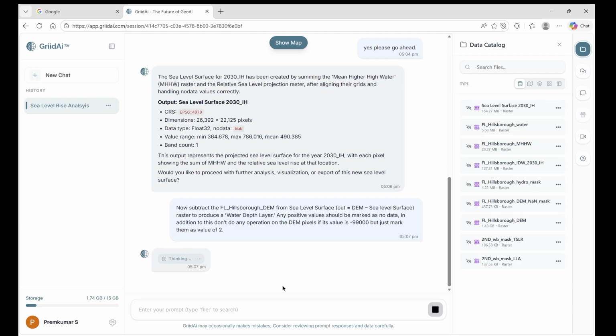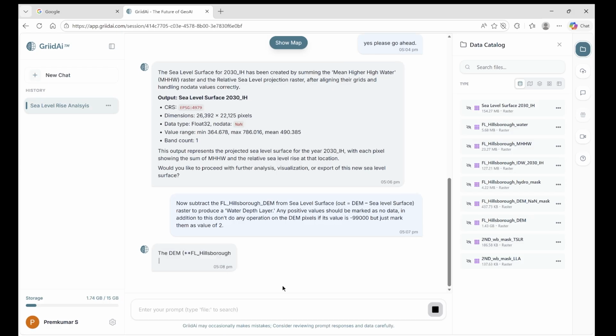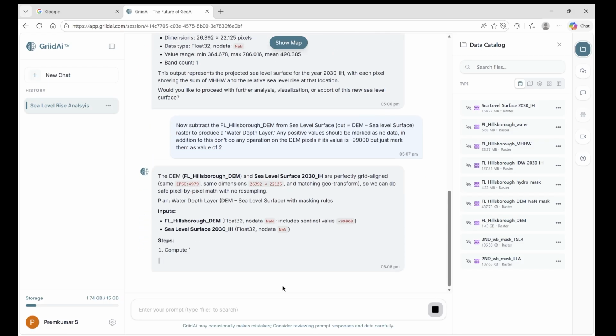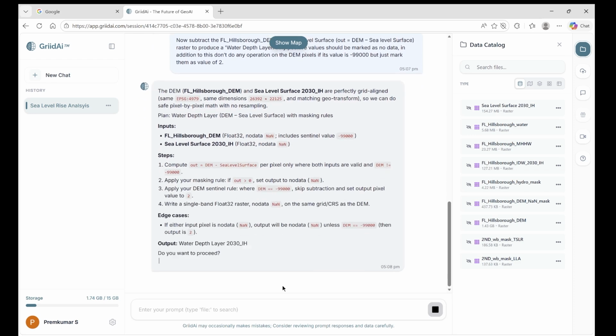Now we are subtracting the sea level rise surface from the DEM so that whatever is left over in the rasters, basically the negative values present in the rasters, are going to be the areas that are going to be inundated, and all the positive values are going to be marked as no data.